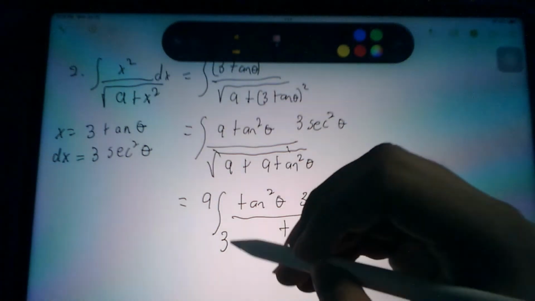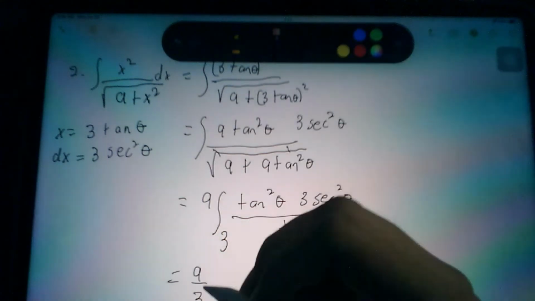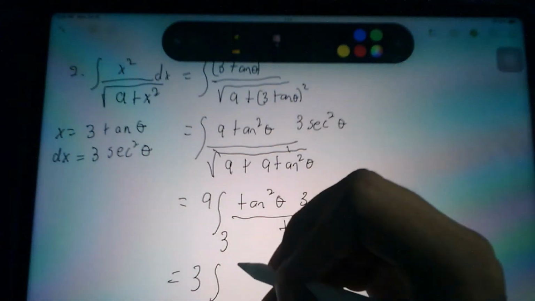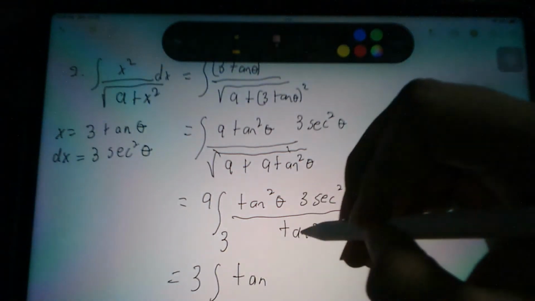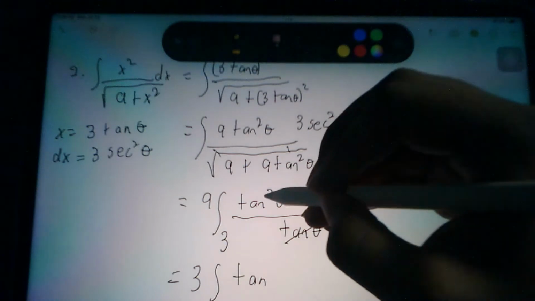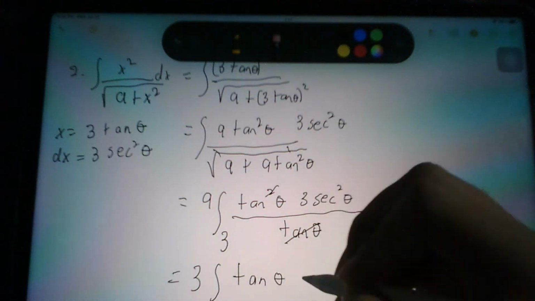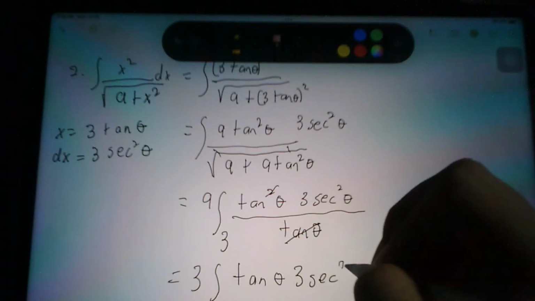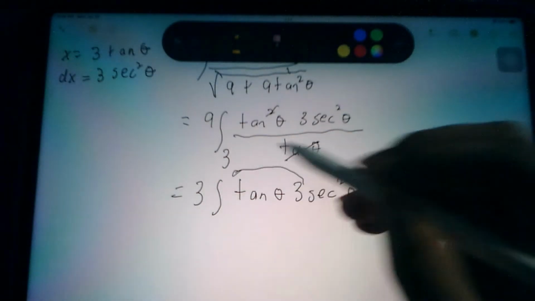Now we take 3 outside. That will become 9 over 3. It's just simply 3. So 3 the integral of tangent. So tangent theta here will cancel out this, and what will be left is just the integral of tangent theta 3 secant squared of theta. Now we also need to take 3 here outside because it's a constant.